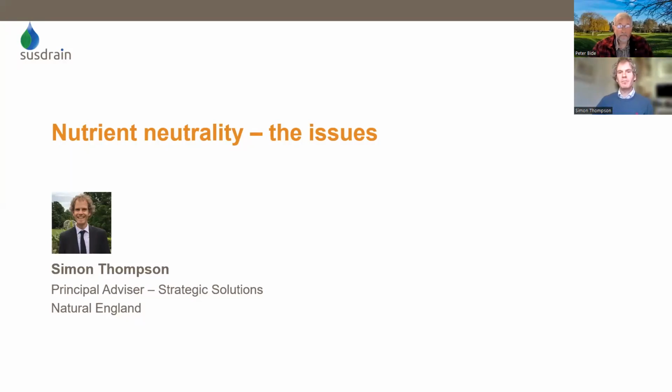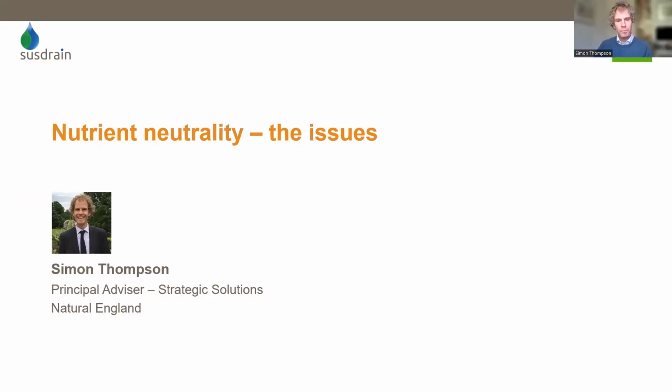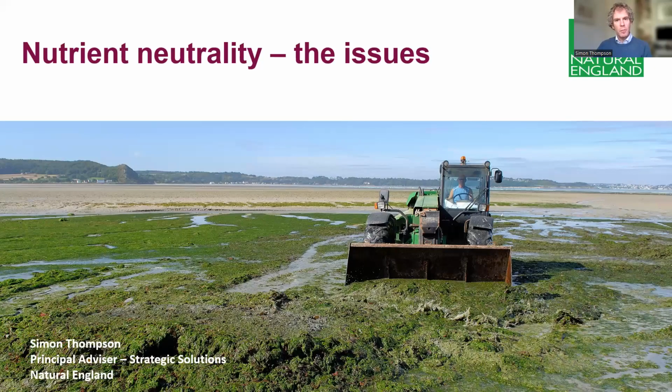Thank you, Peter, and thanks everyone for inviting me to speak this afternoon. Peter's already highlighted, I'm going to talk to you about the environmental issues that have led to Natural England issuing advice around nutrient neutrality, and what those impacts are, and how that's affecting our natural environment.